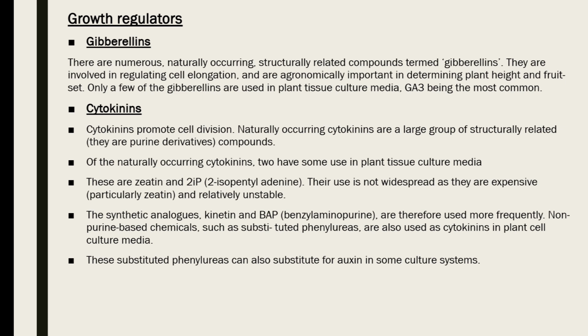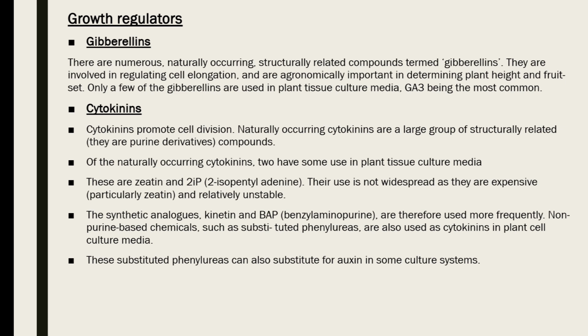Cytokinins. Cytokinins promote cell division. Naturally occurring cytokinins are a large group of structurally related compounds; they are purine derivatives. Of the naturally occurring cytokinins, only a few have some use in plant tissue culture media. These are zeatin and 2IP, 2-isopentyl adenine. Their use is not widespread as they are expensive, particularly zeatin, and relatively unstable.